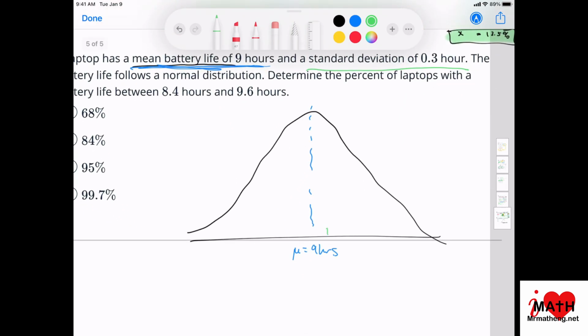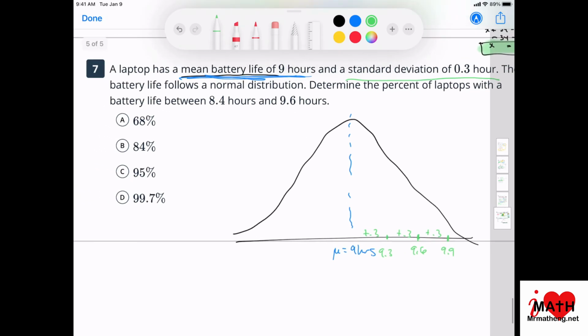Remember, I just need to keep adding 0.3s. So that would be 9.3, this would be 9.6, and this would be 9.9. And if I subtract 0.3, I would get 8.7, and subtract it again, I get 8.4 hours.